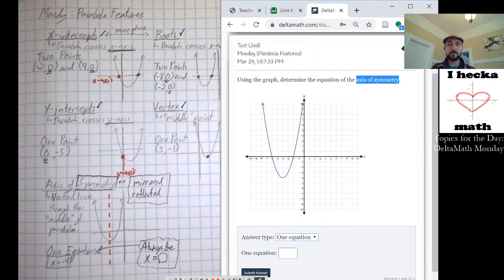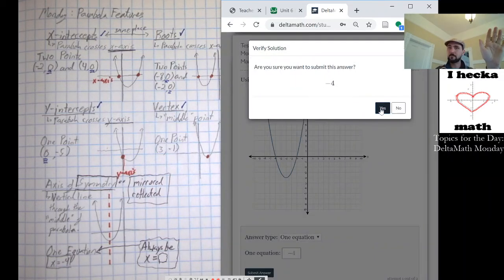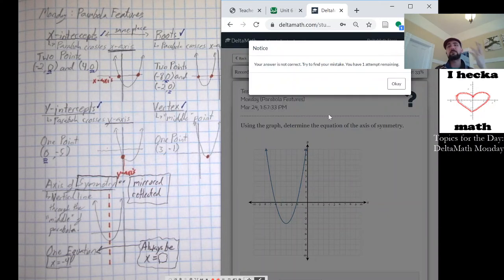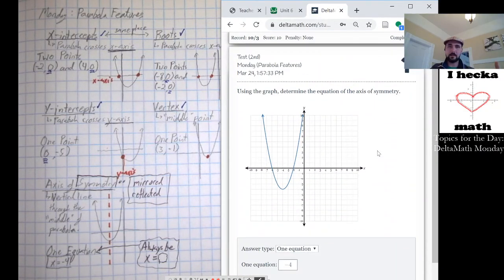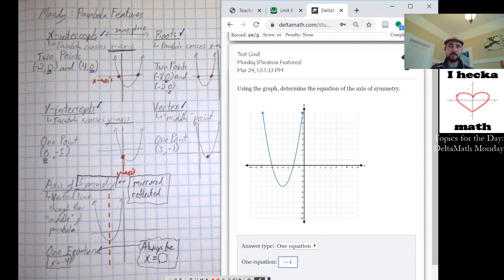Just so you can see it, if you forget to do the x equals part and you just type in -4 and submit the answer, your answer is not correct, try to find your mistake. This is not a very helpful hint on where the mistake is, though. I know what the mistake is because I did it on purpose. But this is another example where I think you are probably doing the right thing in terms of what you're thinking about and looking at.